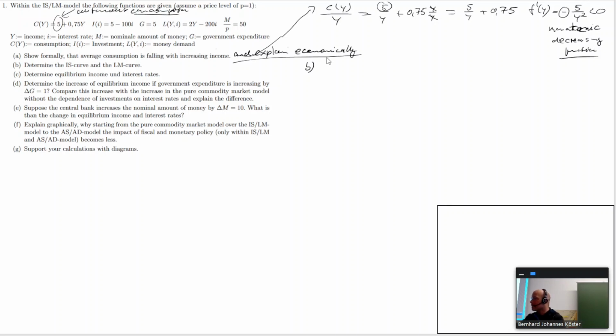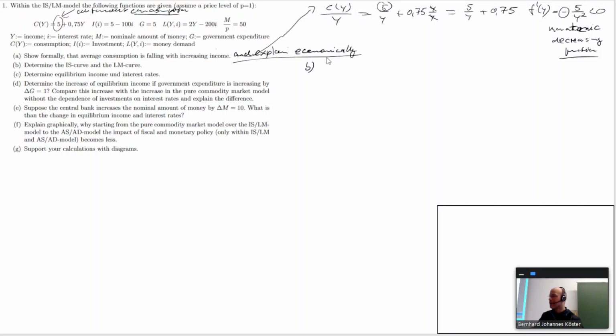It is about simultaneous equilibrium on the commodity market and on the money market. The IS curve represents equilibrium at the commodity market, and this is a demand-driven model. We are now in the Keynesian theory.